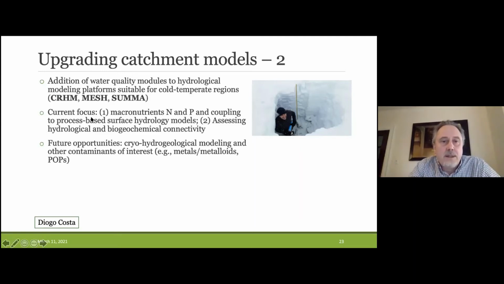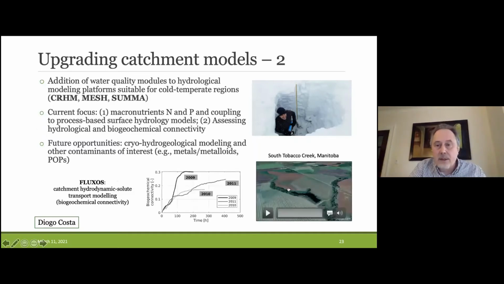For the moment, he has focused mostly on the macronutrients, nitrogen and phosphorus, and the coupling to these process-based surface hydrology models. He's also been using this to assess the hydrological connectivity and see how that then translates into the biogeochemical connectivity.